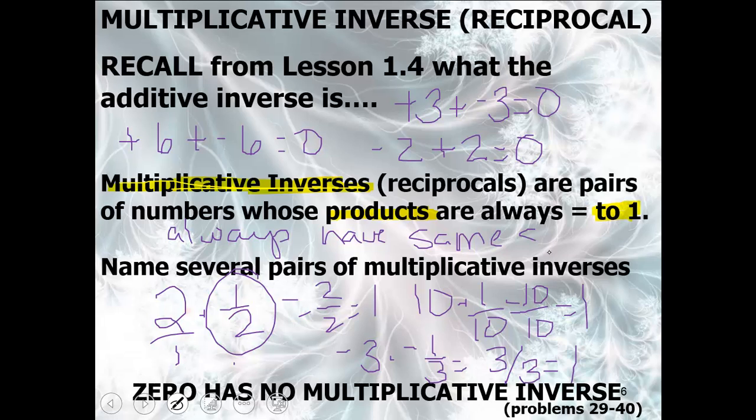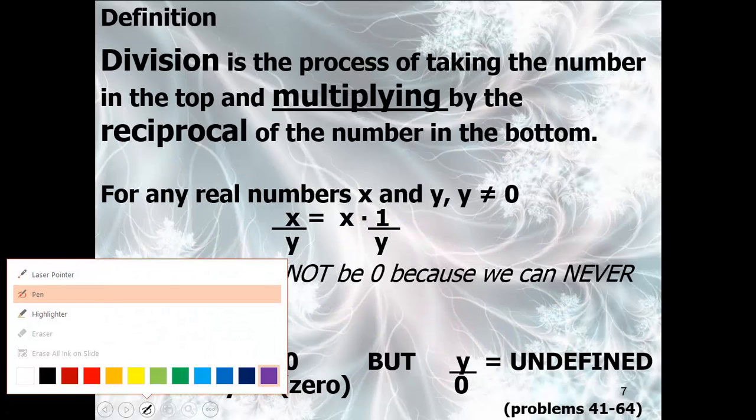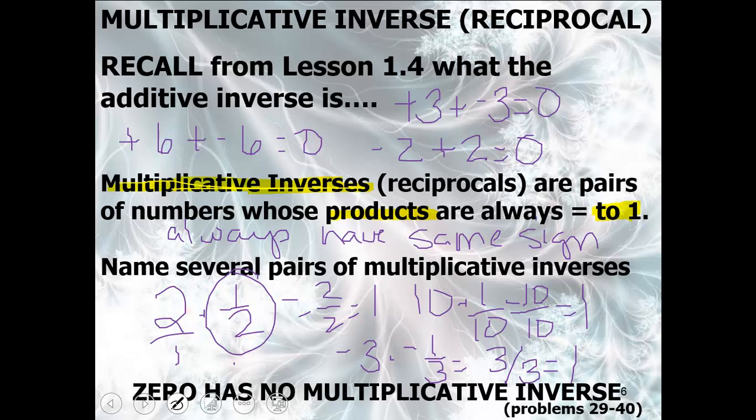Opposite reciprocals, which we've learned about, have opposite signs. Multiplicative inverses or reciprocals have the same sign. Notice here that 0 doesn't have a multiplicative inverse because we can't multiply by 1 over 0.